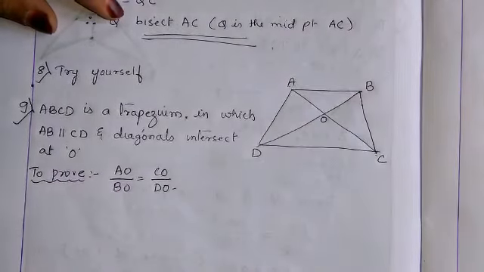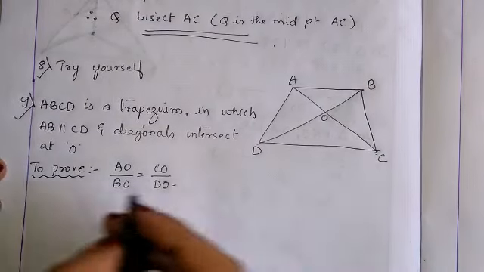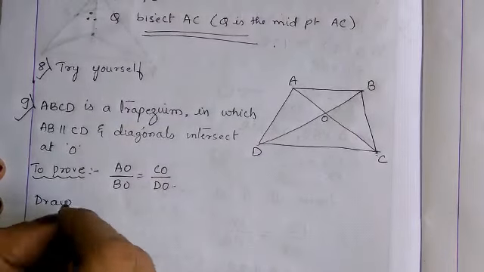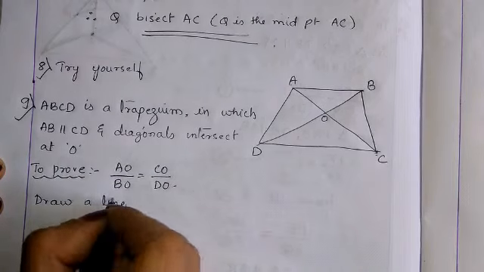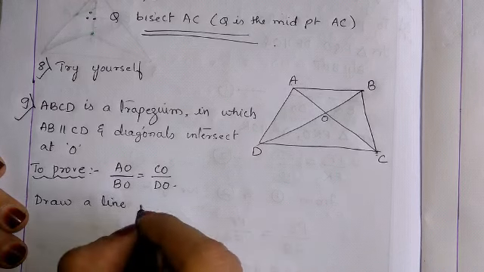To prove this, we have to do a small construction in the figure. What I will do is draw a line. Any name you can give, I will give PQ.